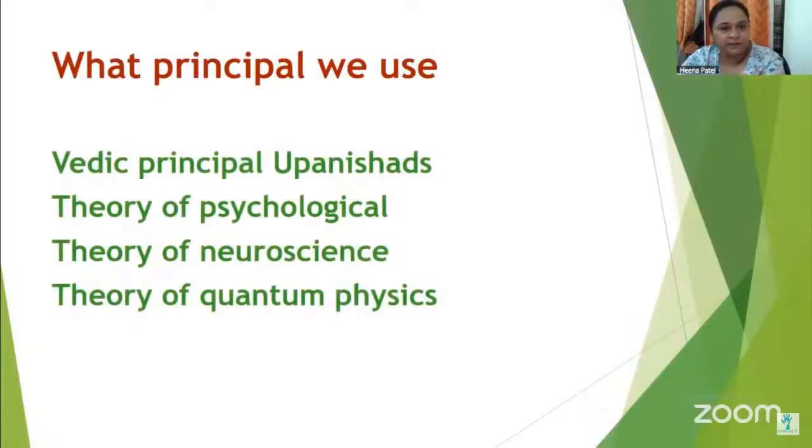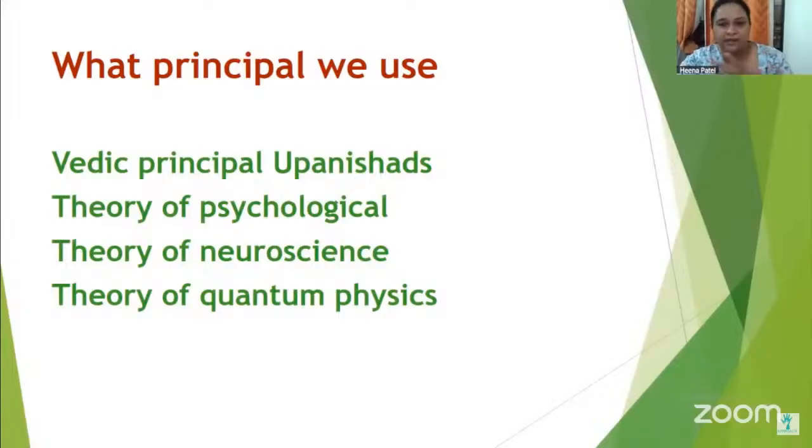What Vedic principles, what kind of principles have I used? There are multiple principles we have used, but the few which are the major ones that I have discussed here are the Vedic principles, already discussed, the 24 elements. Then we have used a lot of theory of psychological issues, what kind of symptoms are there, what kind of approaches are there, and how we can convert these approaches in an easy manner to apply using this energy.